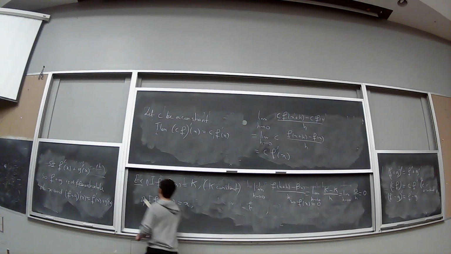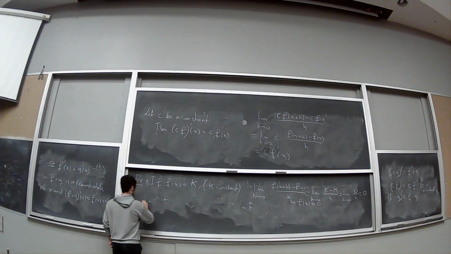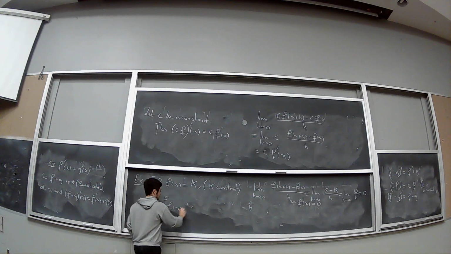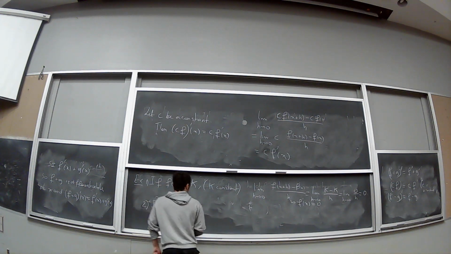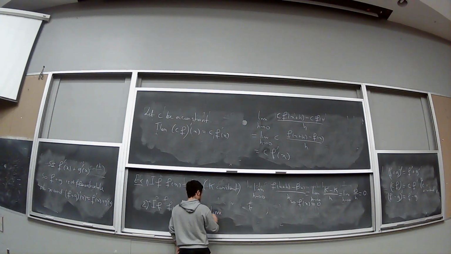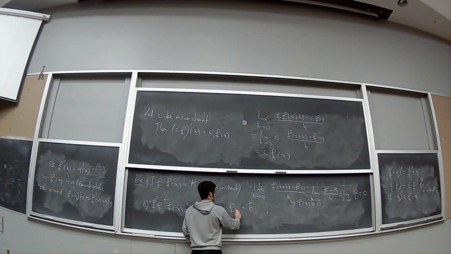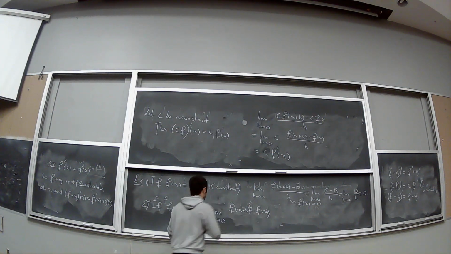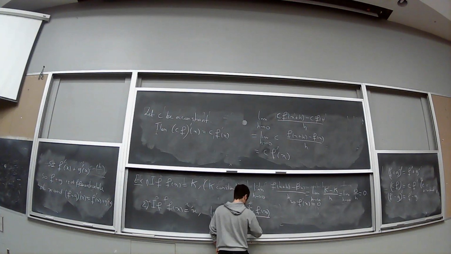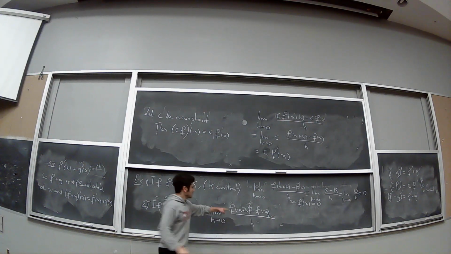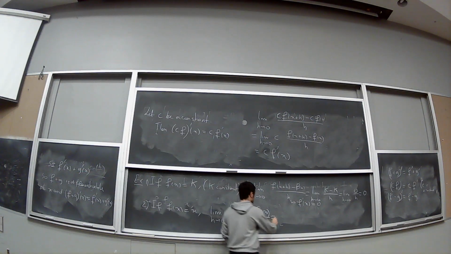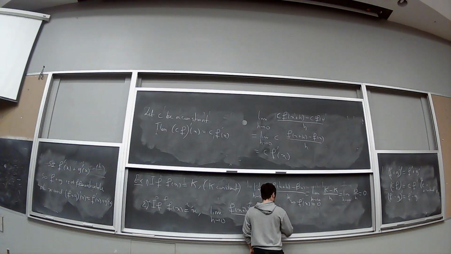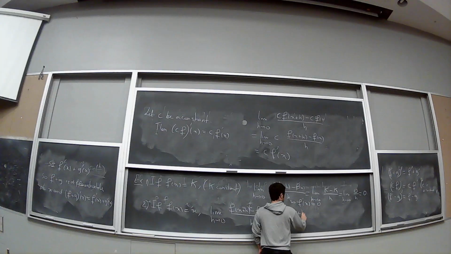Now if f of x is equal to x, I can do the same thing, right? I think we've done this one. The limit as h goes to 0 of f of x plus h minus f of x over h, what is that equal to? This is just the limit as h goes to 0 of x plus h minus x over h, and what is this limit?